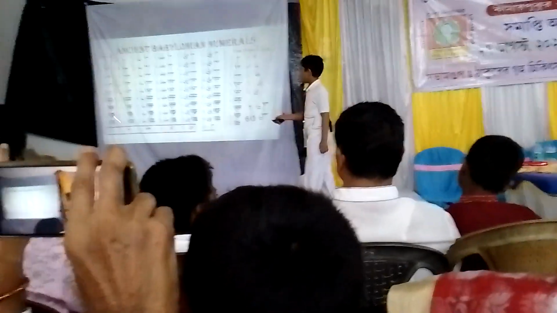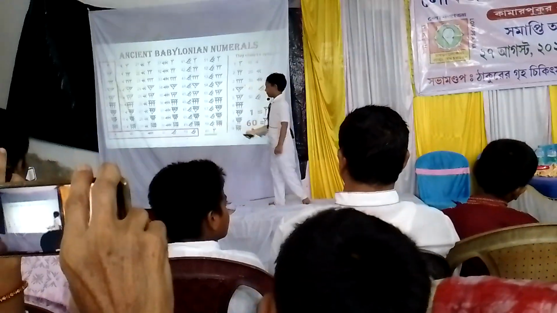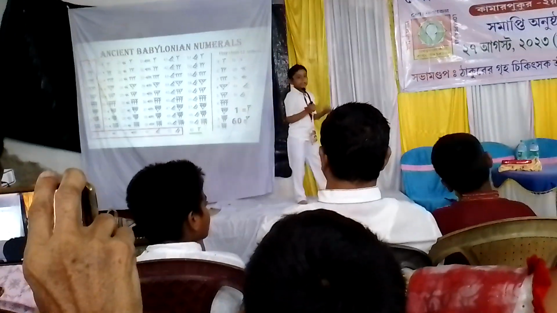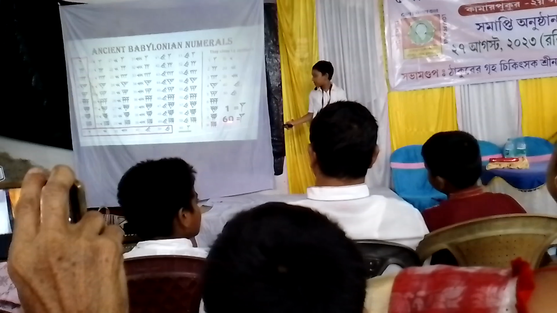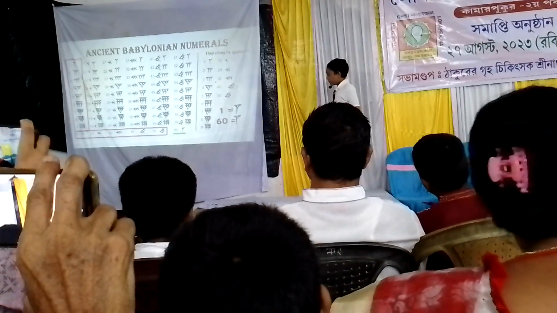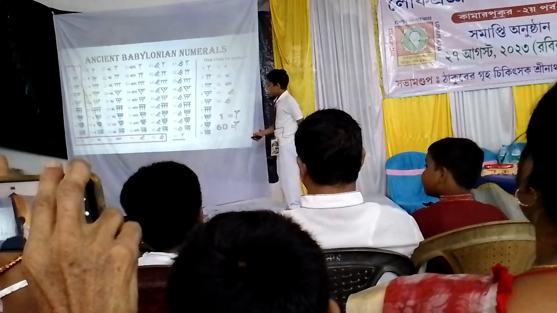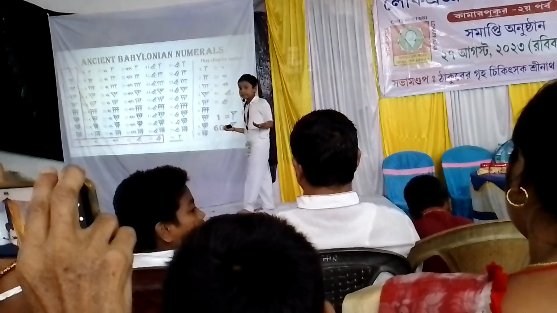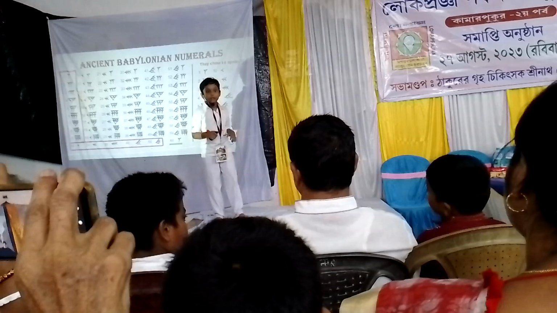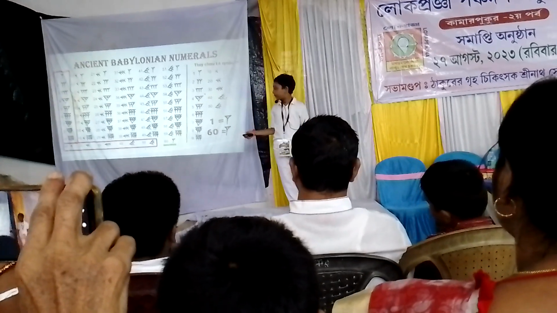Using combinations of these 14 symbols, they could reach up to 59. When they reached 60, they just used the same symbol as 1. So they used the base 60 number system. Strange. Now why did they do it?